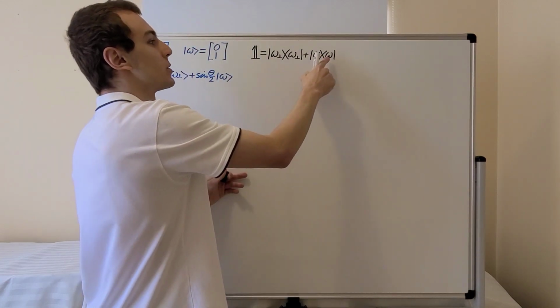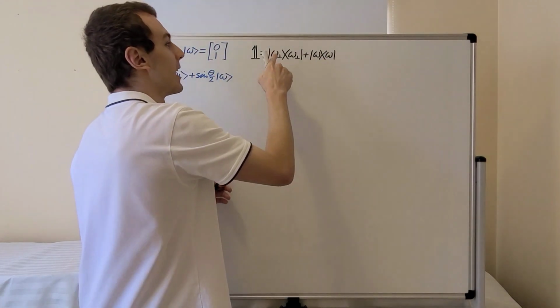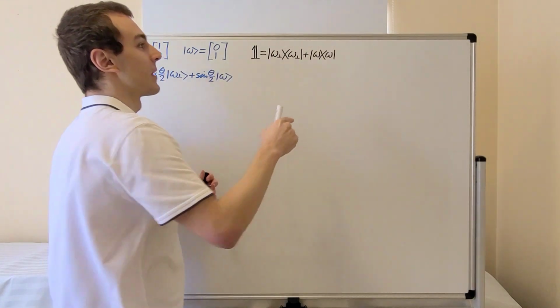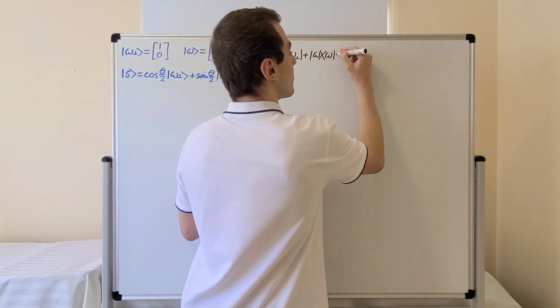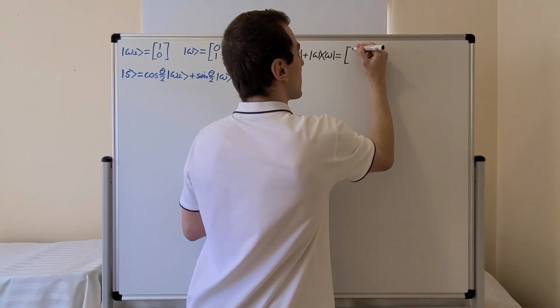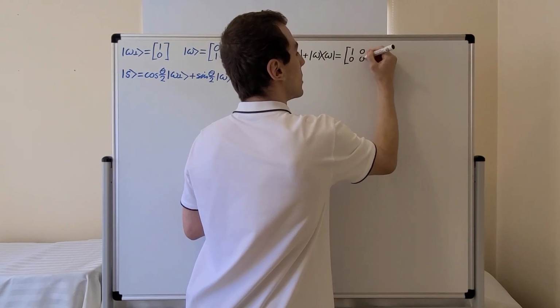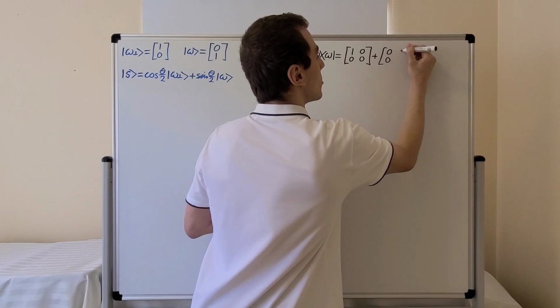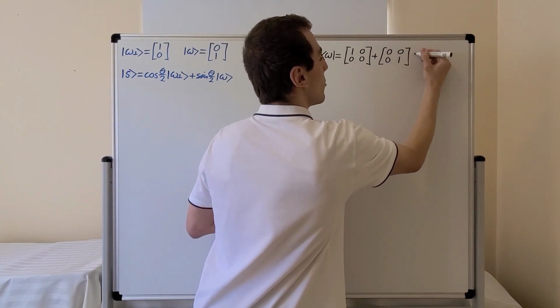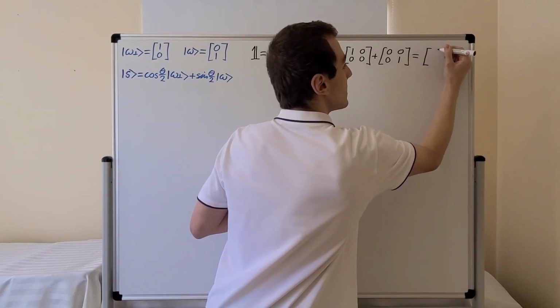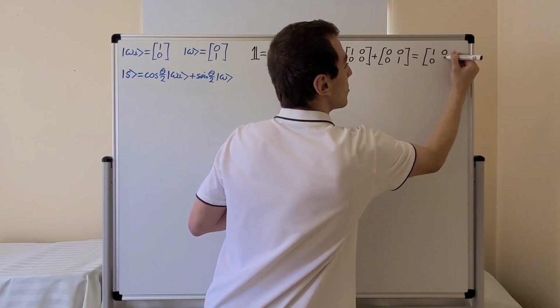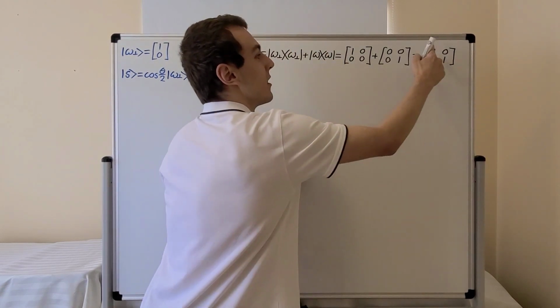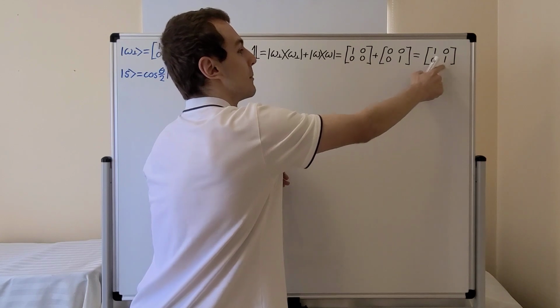And the matrix representations of these outer products are going to be 2x2 matrices. So let's express them like this. We're going to have 1, 0, 0, 0 plus 0, 0, 0, 1. And when we add them together, we're going to get 1, 0, 0, 1. This is the 2x2 identity matrix.